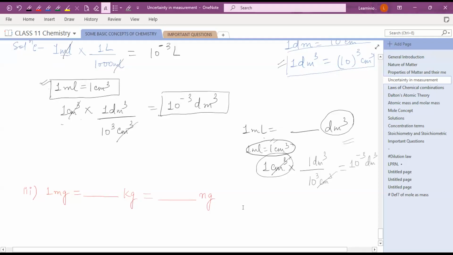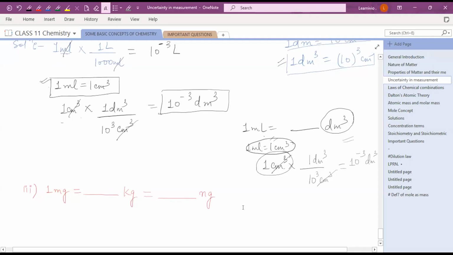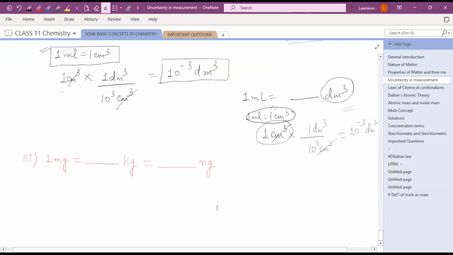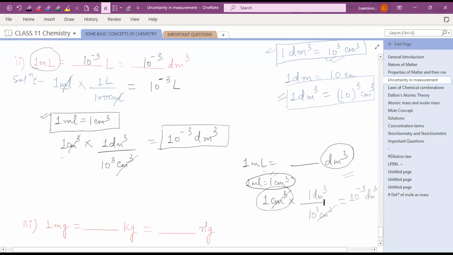Okay, if done, just write down the question. This is your homework. In 1 milligram, how many kgs are there and how many nanograms are there? Can you scroll up? Yeah.